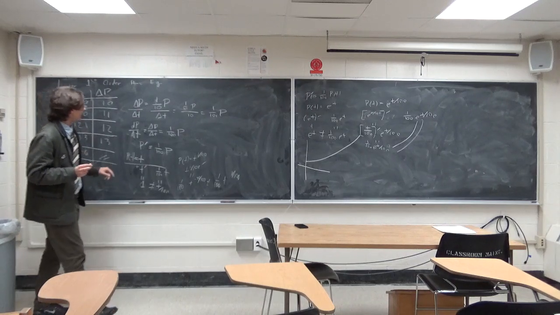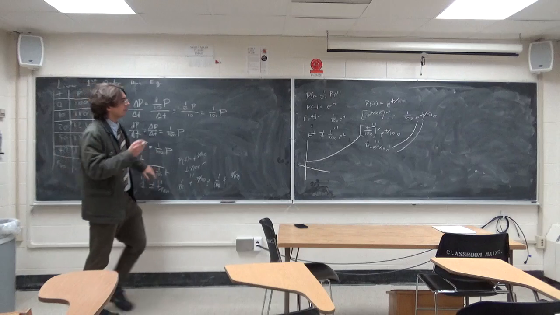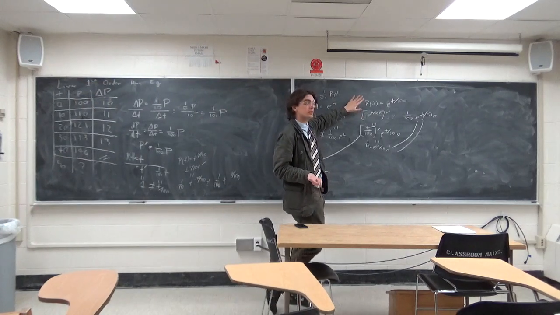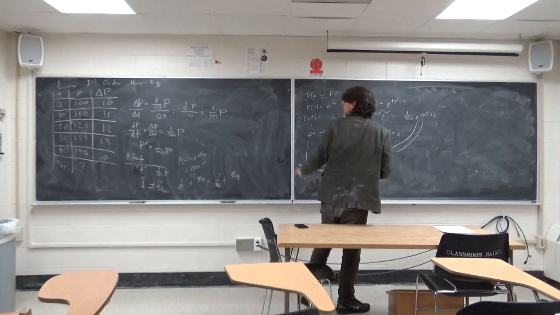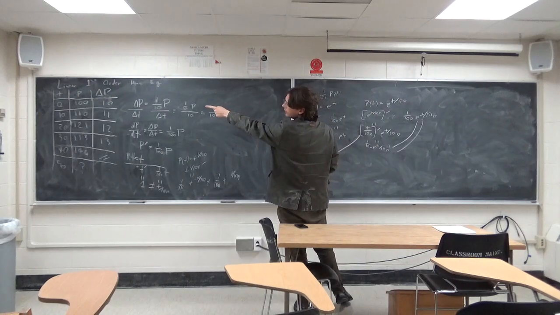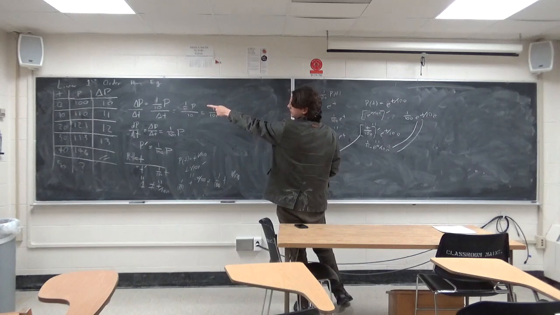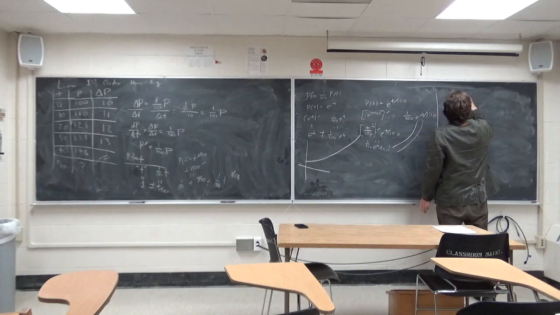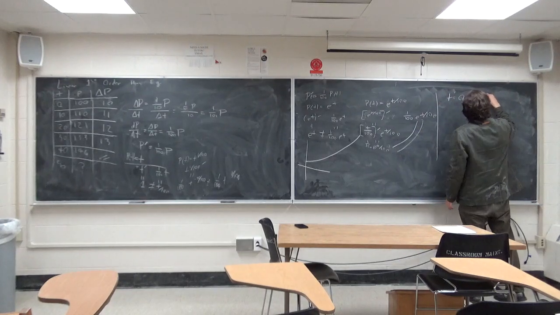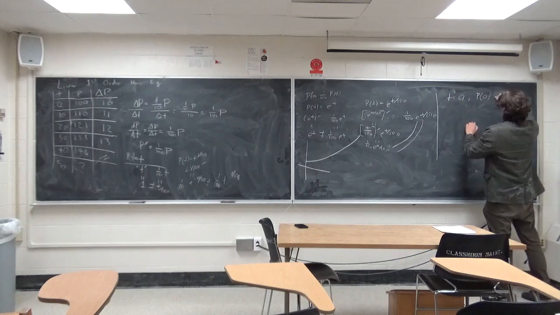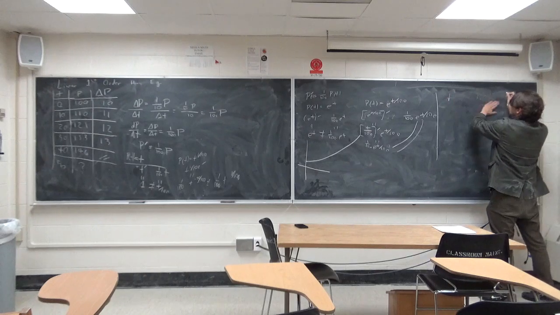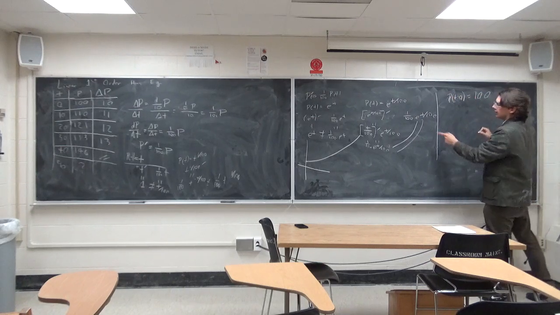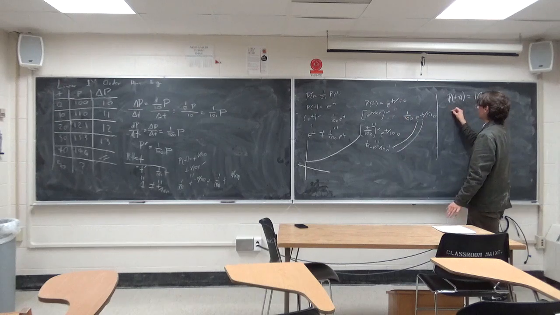Okay, and I got this equation out. But the thing is, this is not the only function that satisfies this equation. Actually, this function right here doesn't satisfy the equation. Because if I look at the first datum right there, at t equals 0, P at t equals 0 equals 100, this guy fails, right?